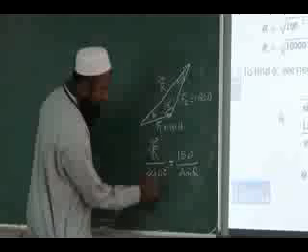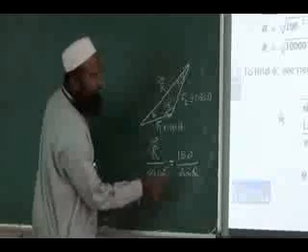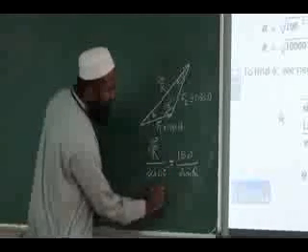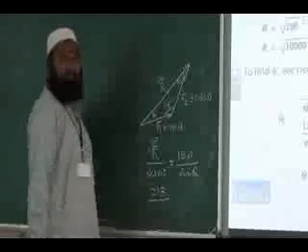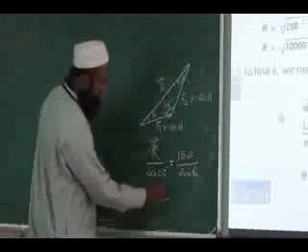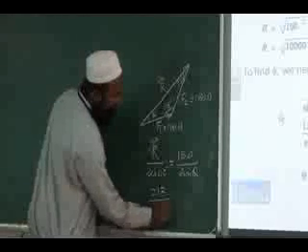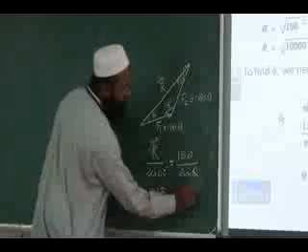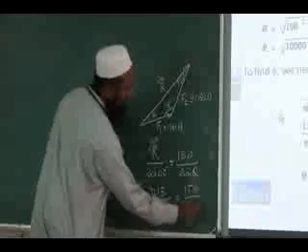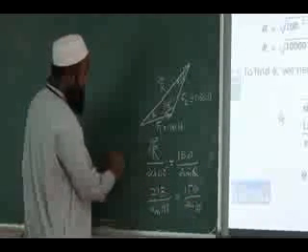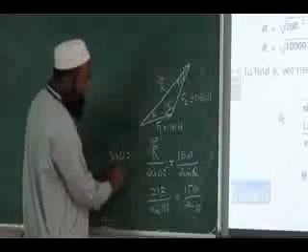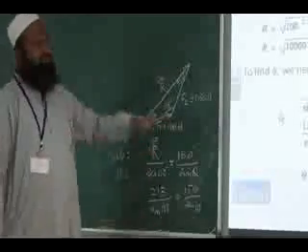R is already found as 213 from your previous step. From the cosine law we found R as 213, or 212.65, divided by sine 115 equals 150 divided by sine theta. So sine theta can be obtained, from which theta can be obtained.